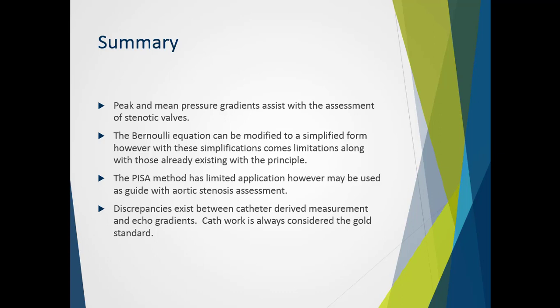The PISA method has limited application, however, it may be used as a guide with aortic stenosis assessment. And discrepancies exist between catheter-derived aortic measurements and those with echo gradients. But we must always consider that cath work is the gold standard.